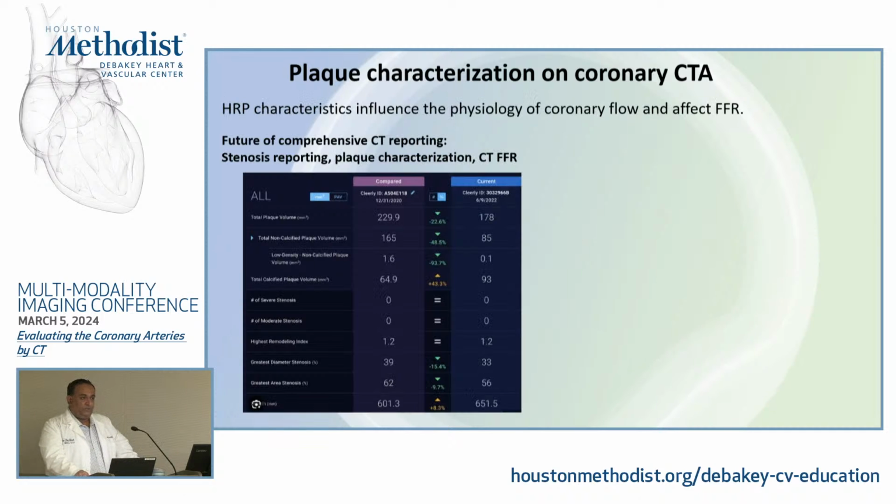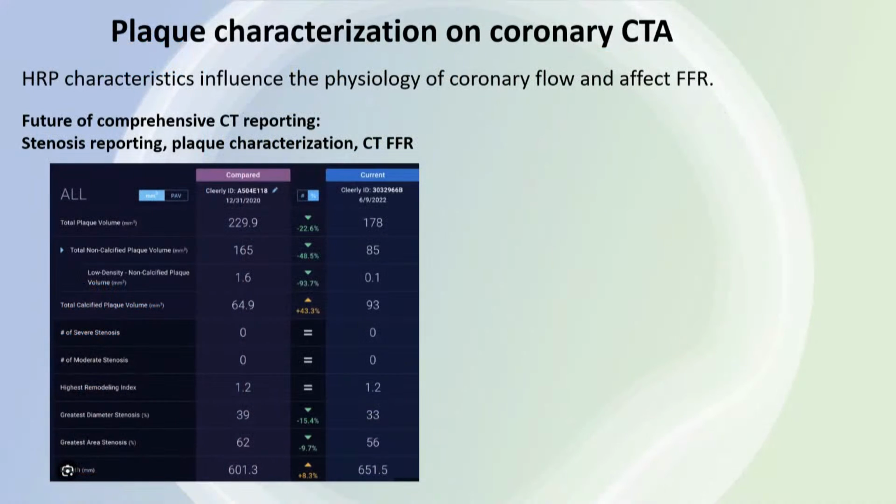So what is the future report going to look like? There has been some data suggesting that high-risk plaque characteristics by themselves, independent of the degree of stenosis in the coronary artery, can affect the shear stress, the coronary flow, and affect the FFR at that point.